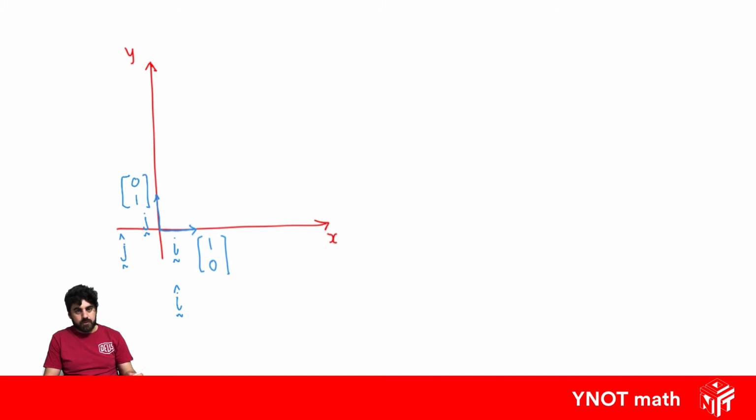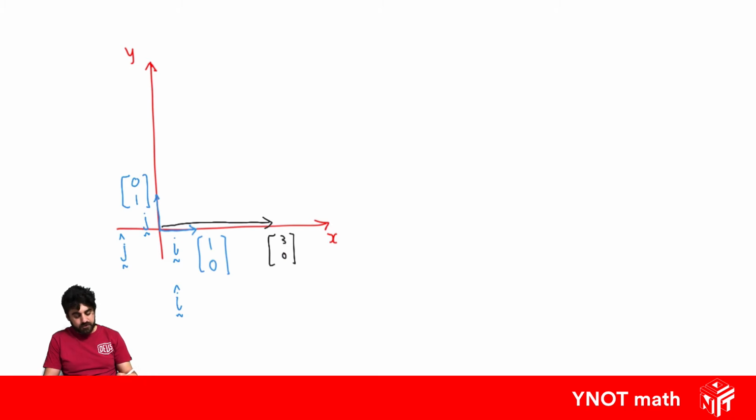We also spoke about multiplying vectors by a scalar quantity. So if we multiplied i by 3, this would expand the vector i by a factor of 3, and it would now have a column matrix of 3, 0.